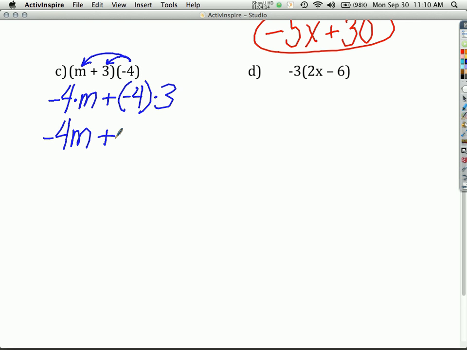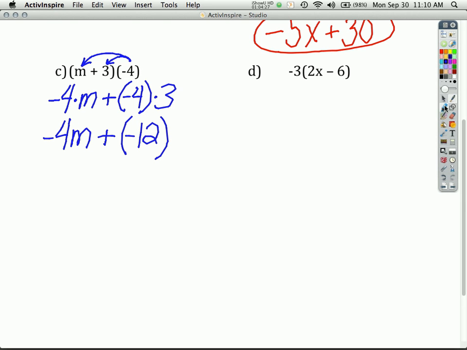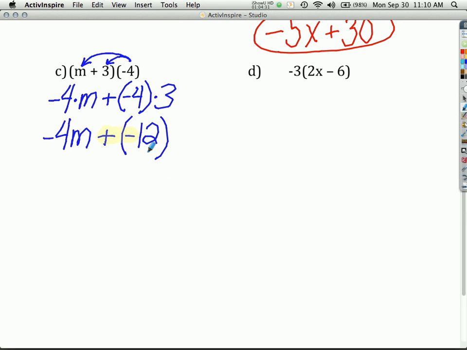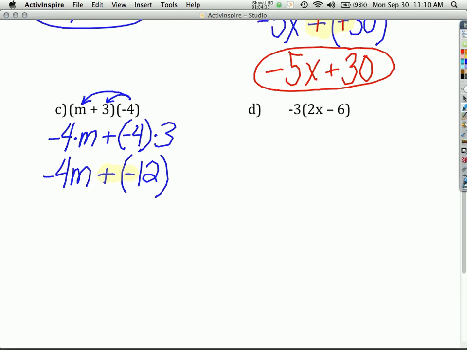Who's remembering the rules now? I know Taylor is. Taylor? Negative 12. But again, we don't write a final answer like this. We do not write answers where we have an operation, a parentheses, and then another sign. But this one's a little bit different than the last one.